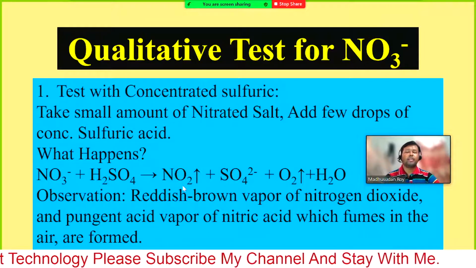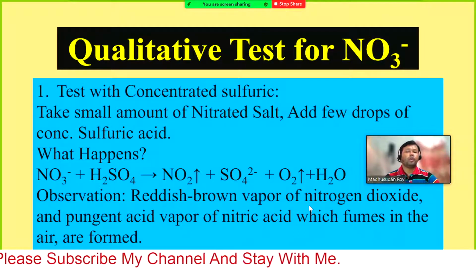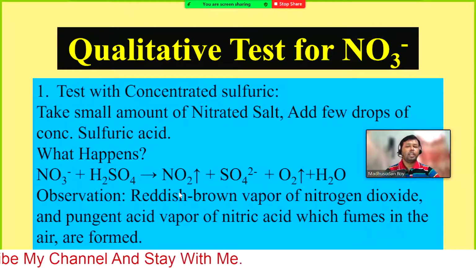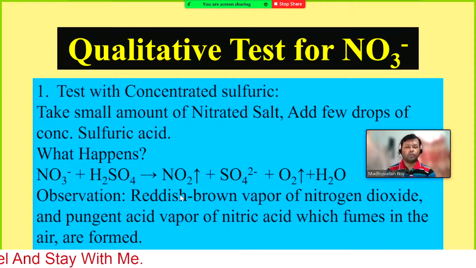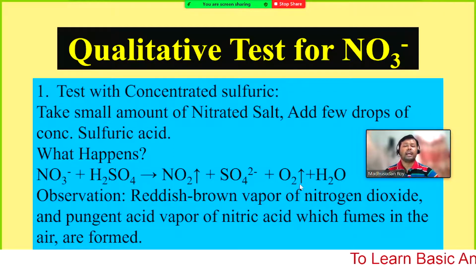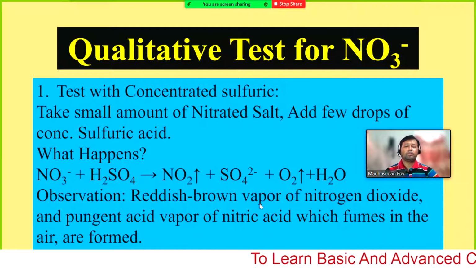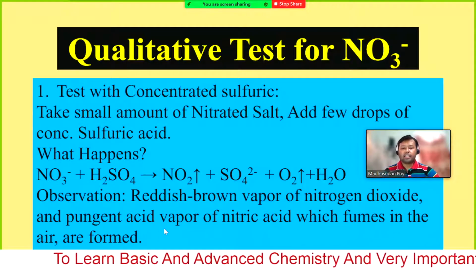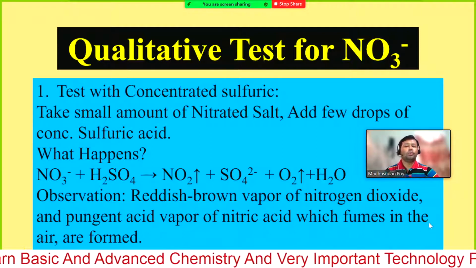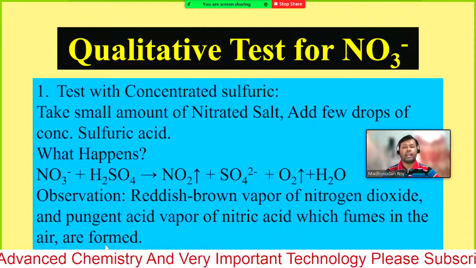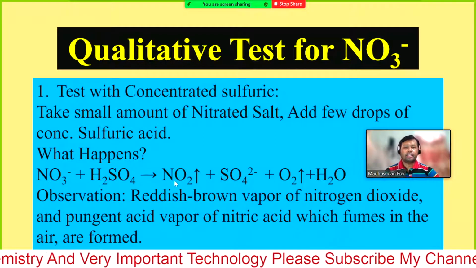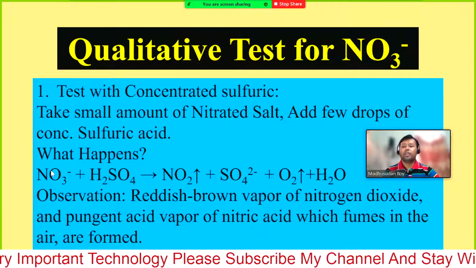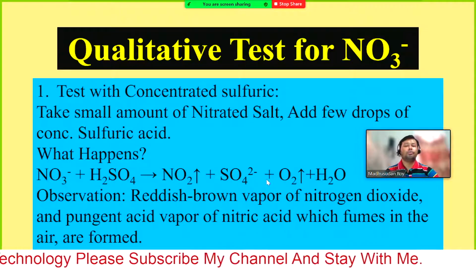You will observe a reddish brown vapor of nitrogen dioxide in the test tube, and you will get oxygen gas. And then a pungent acid vapor of nitric acid which fumes in the air. Sulfuric acid will react with nitrate to form some nitric acid.